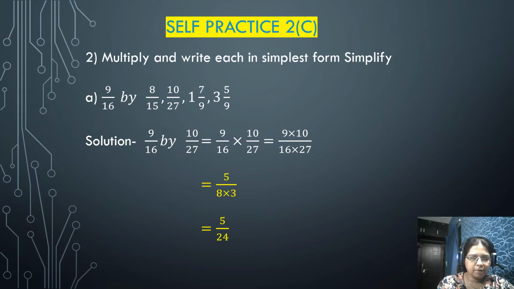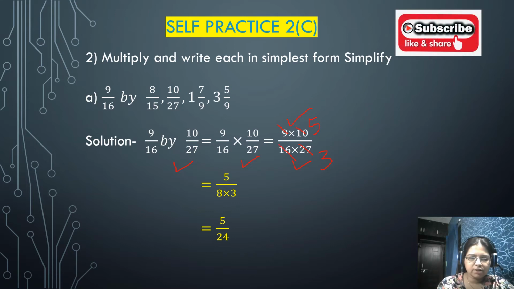Now we multiply 9 divided by 16 by 10 divided by 27. The product of the numerators is 9 multiplied with 10 and the product of the denominators is 16 multiplied with 27. Now we cancel 9 with 27, that is 9 multiplied with 3 is 27, and now cancel 10 and 16.